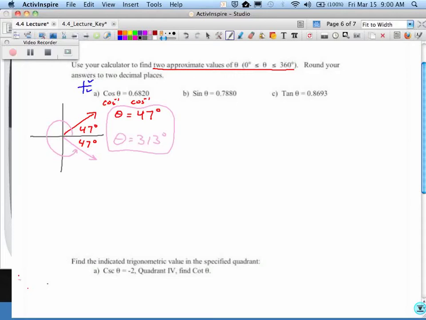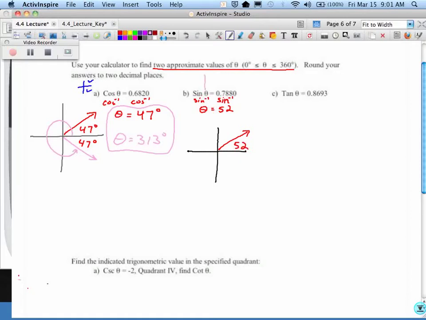Inverse sine on both sides. What's the inverse sine of 0.7880? 52. That's right here. Where else is sine positive? It's positive in the first and second quadrants.